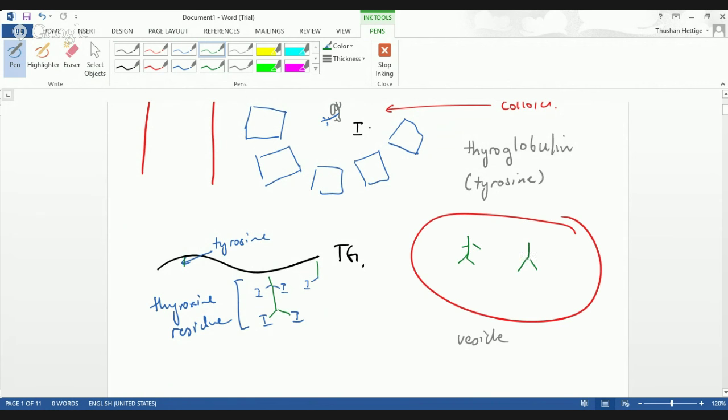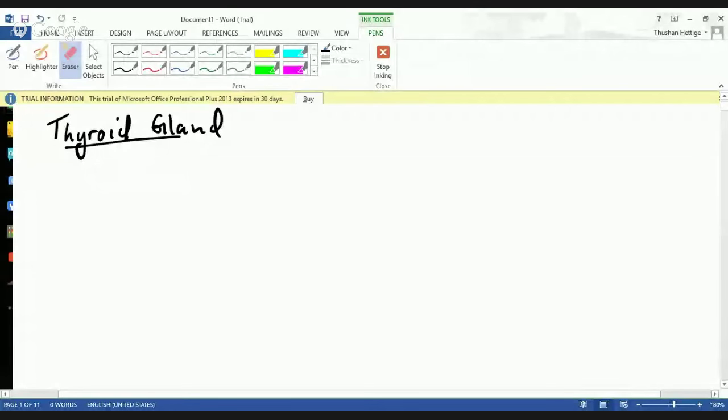So not just thyroxine. And your thyroxine, keep in mind, most of it will contain 4 iodine atoms. That's tetraiodothyronine. This is T4. You could have this, which is T3. Everything all right? I'm just grabbing a blanket.